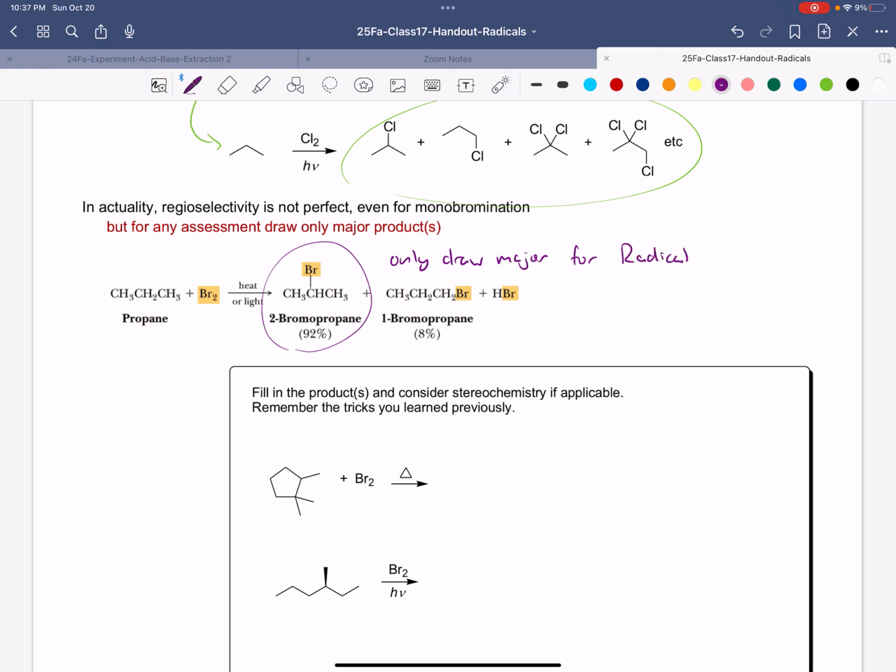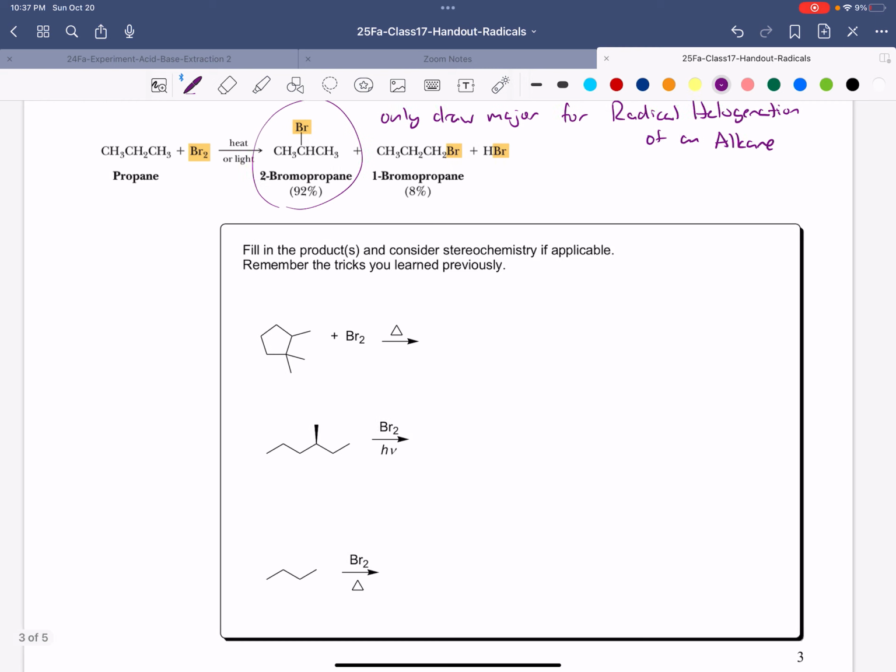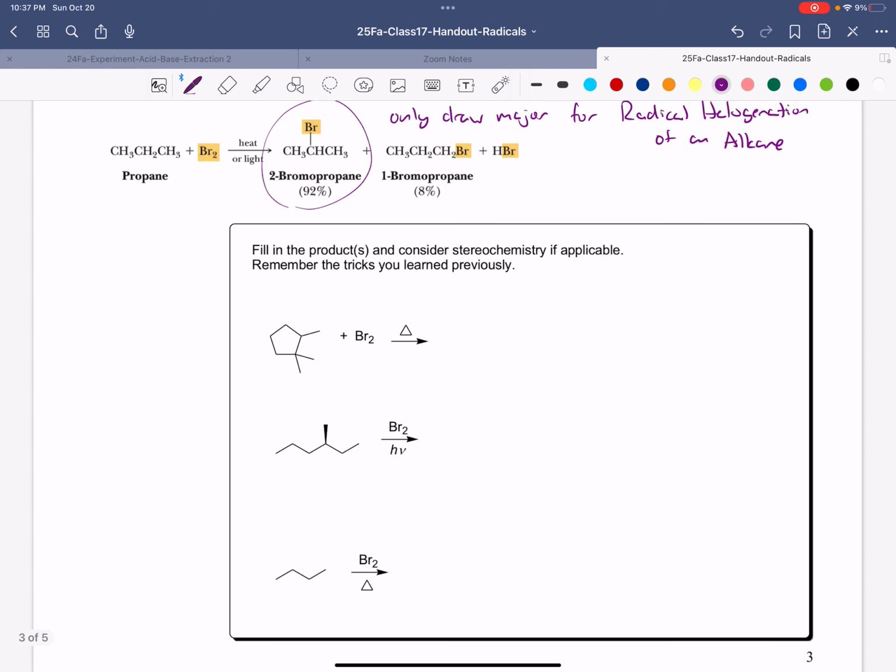And this is, again, just for this reaction. Radical halogenation of an alkane. Okay. Let me show you how quickly we could do these problems. Draw the product, consider stereochemistry.